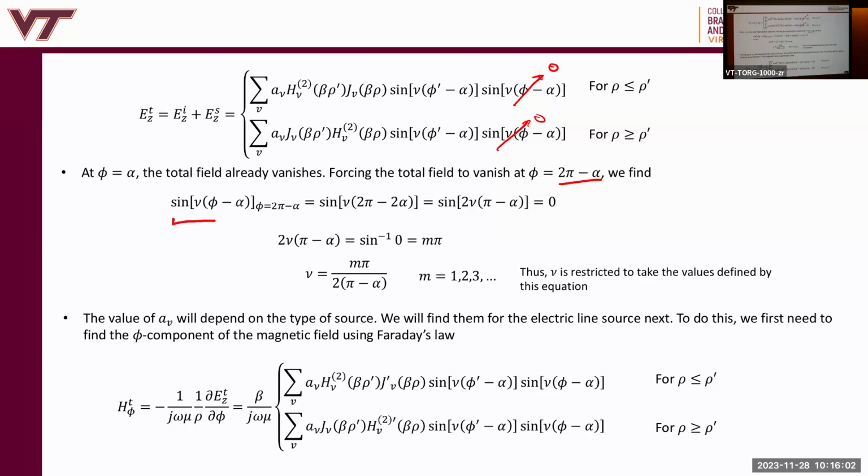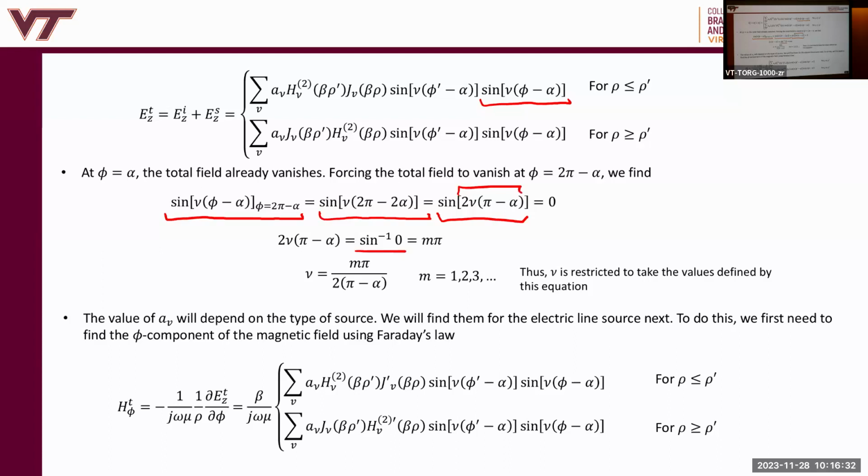Let's concentrate on the sinusoid with the observation variable in it. Sine of nu times phi minus alpha, evaluated at phi equal to 2 pi minus alpha, is this expression. We can factor out the 2 and what we get is this expression that has to equal 0. So the argument of this sinusoid has to equal n pi.